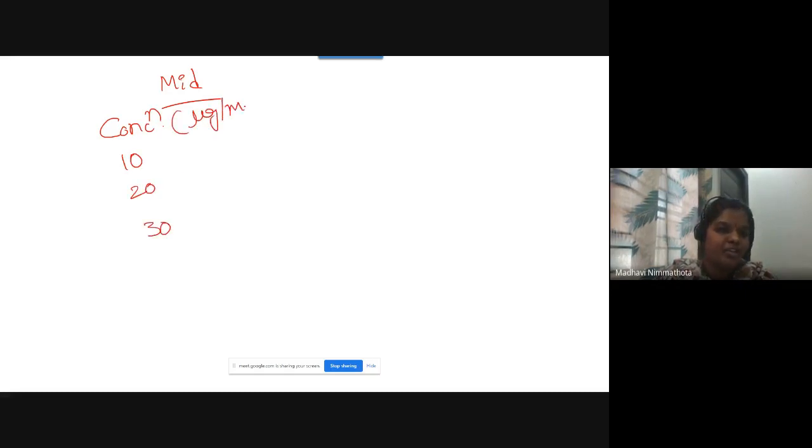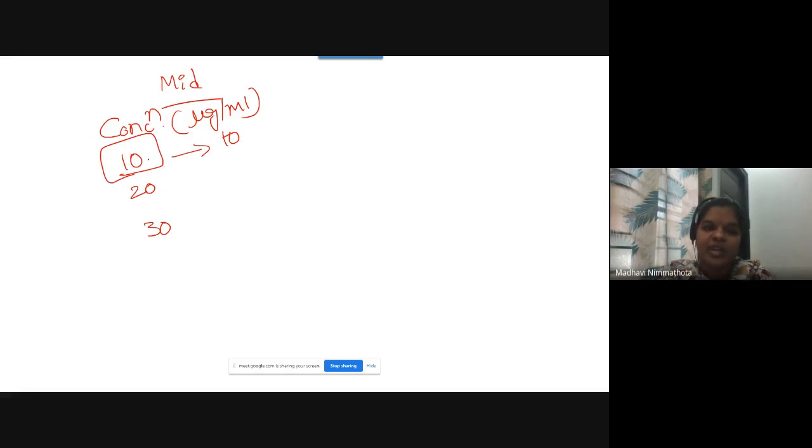So how will you take the midpoint? Suppose, for example, the concentration levels are 10, 20, 30 microgram per ml. For the initial concentration it will be 10.